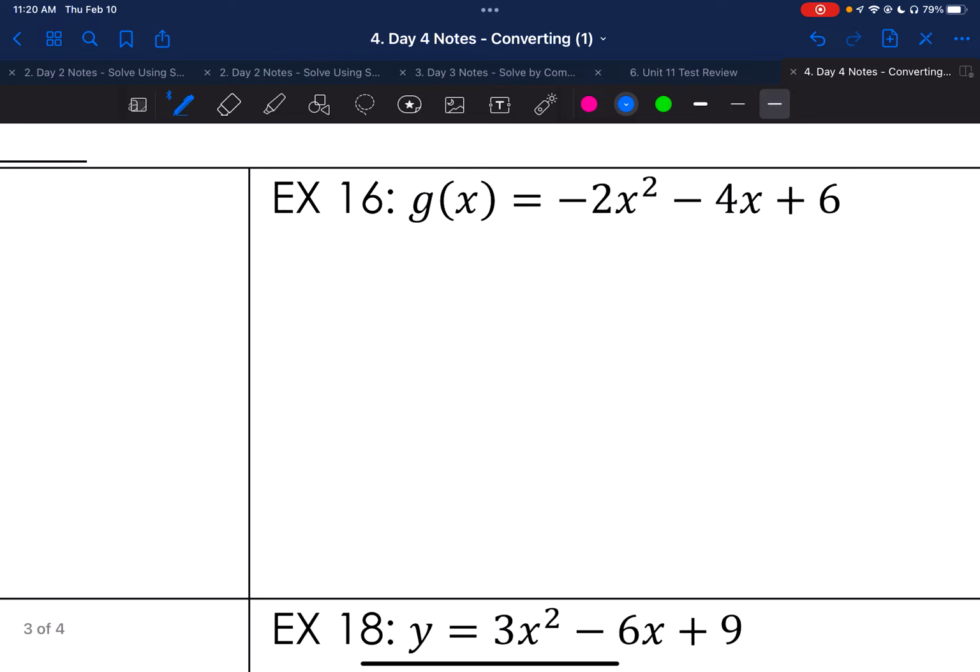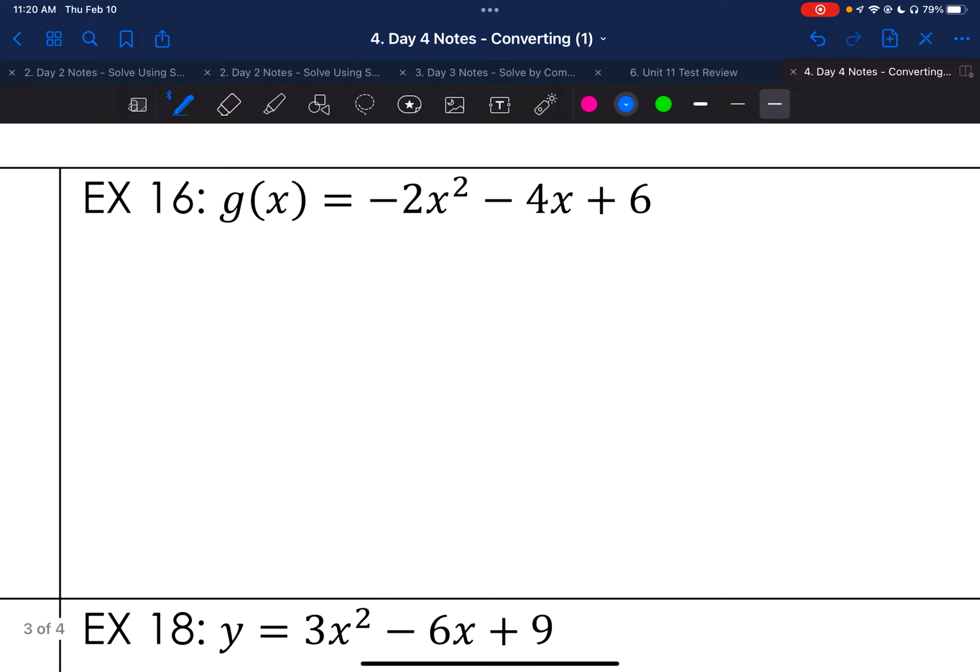Now we'll go on to number 16. For number 16, we look at this problem and see that our a value has a -2. Since my a value is not a 1, we want to double check for a GCF. My GCF here will be -2, and I'll divide that out from all of my terms.